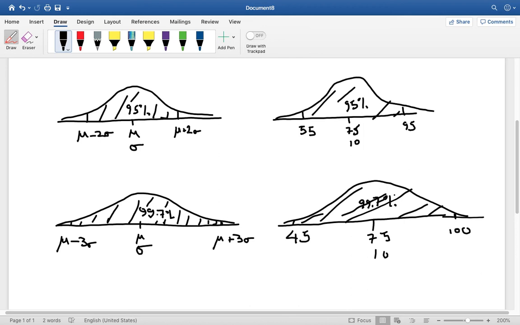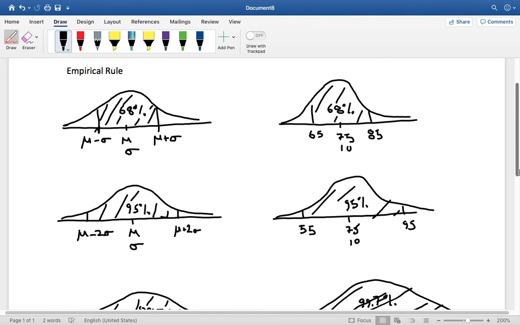So let's ask you a couple of questions. First question is, what percentage of students on this exam would have scored more than 95? So we can just look here. Well, this is more than 95. What proportion of students would have scored more than 95? These students in here.